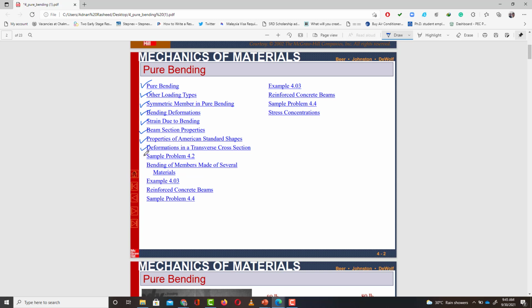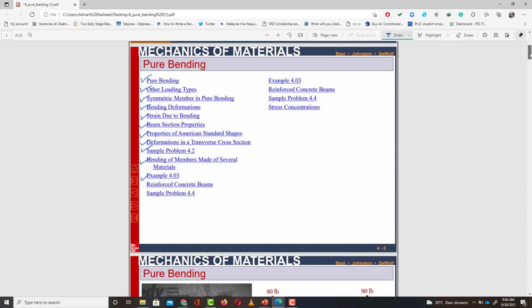Then at the end we will have a sample problem 4.2, and in part 2 of this lecture we will discuss the bending of members made up of several materials, for example composite beams, and then their example. So let's start with what is pure bending.